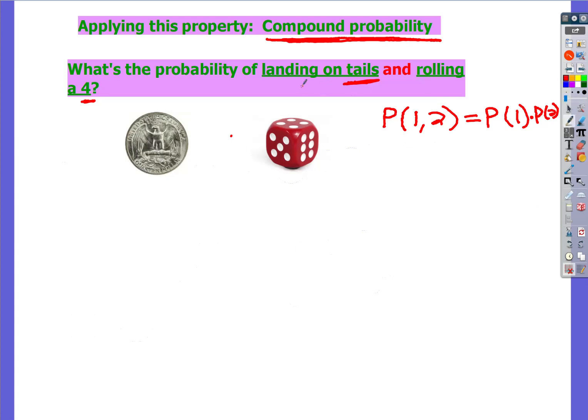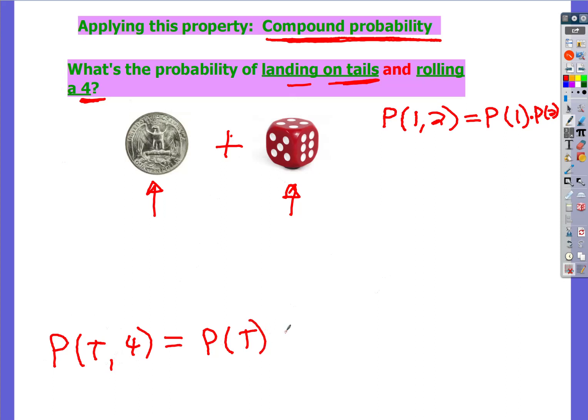So I'm trying to get a tails and a 4. So outcome 1, outcome 2. Well, really all I need to do to get the probability of tails and right afterwards roll a 4 is I would just need the probability of rolling a tails, and then I could multiply it by the probability of rolling a 4.